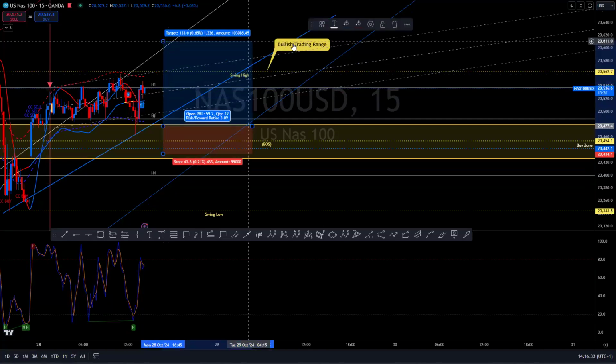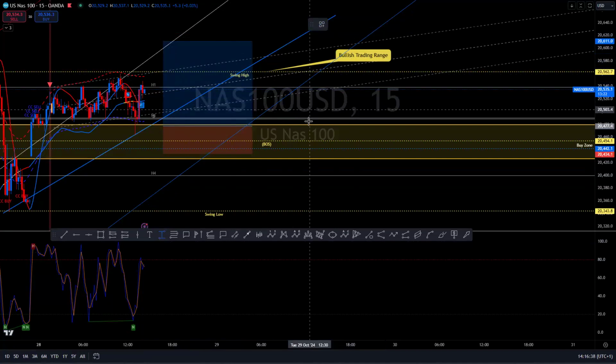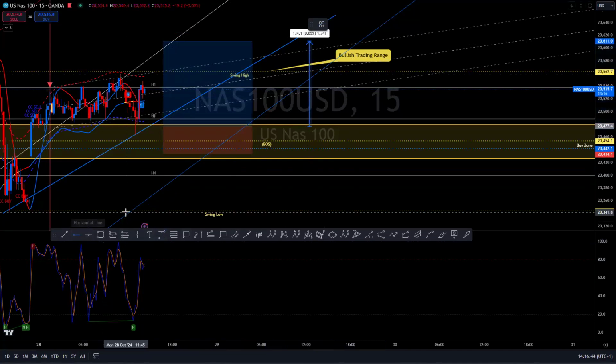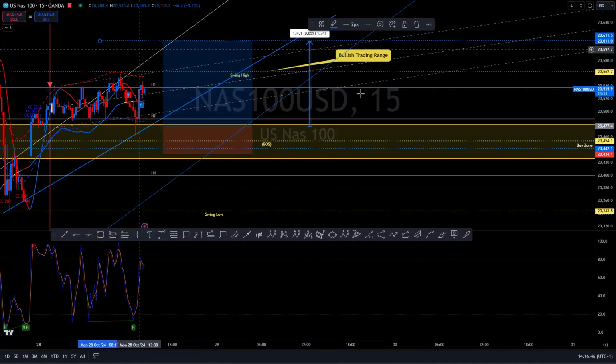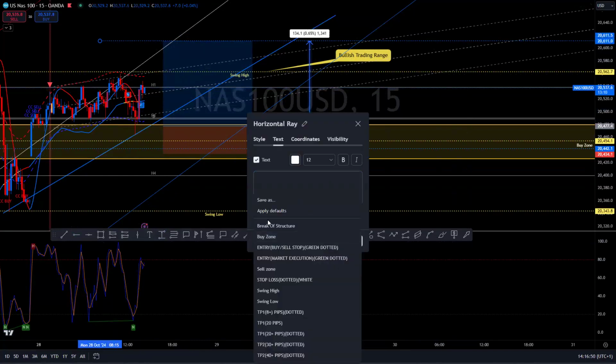Here's a buy. So let me move this over here. So if price buys up from this point, then I'm looking to get at least over 1,000 points worth of profit if price even makes that. Okay, let me look at this.